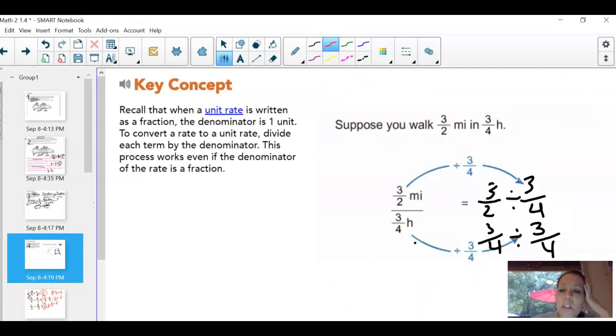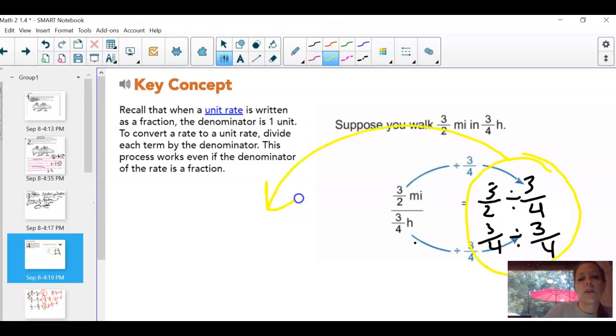Okay, so now I've got 3/4. I'm going to move both of these problems right here over so I have more space. So 3/2 times 4/3 is the same as 3/2 divided by 3/4, and that is going to be my top. I like to cross cancel. It makes it easier.